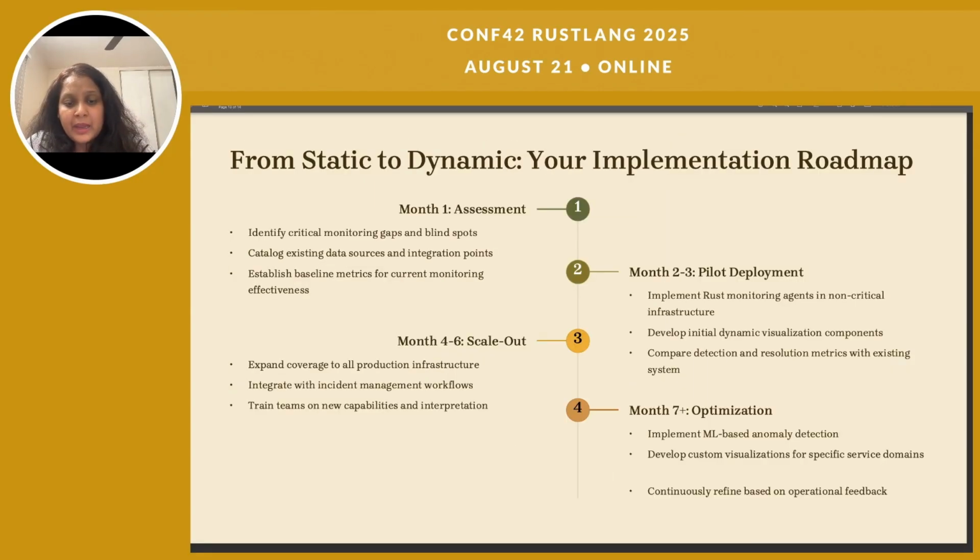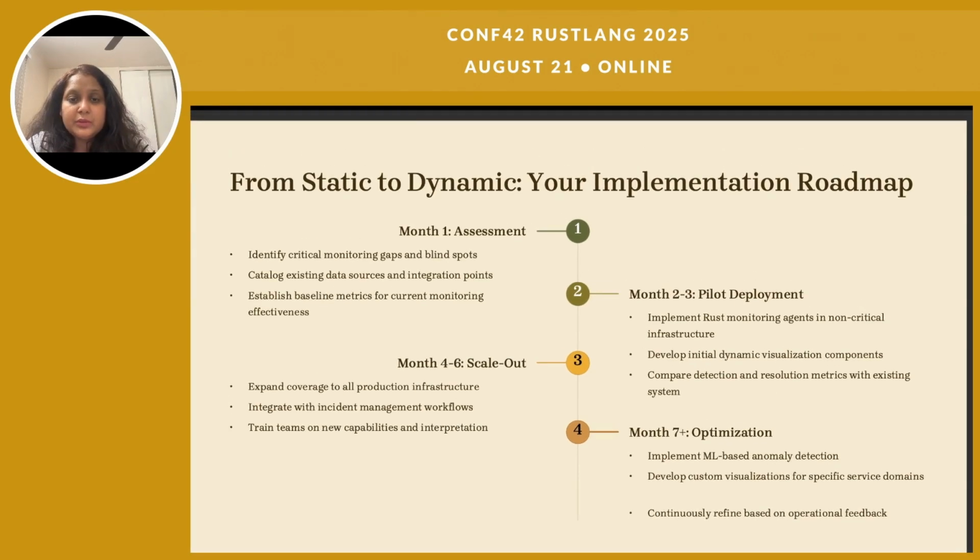Considering the roadmap, a phased approach is always recommended. The first month can be dedicated to auditing all these blind spots and defining baseline MTTRs and downtime. Then a couple of months to deploy agents in staging, validating latencies, throughput, and detection accuracy.